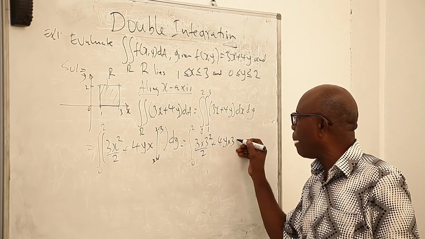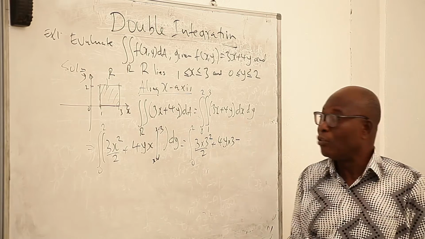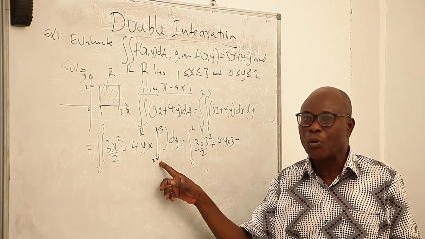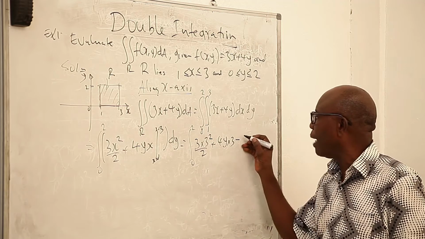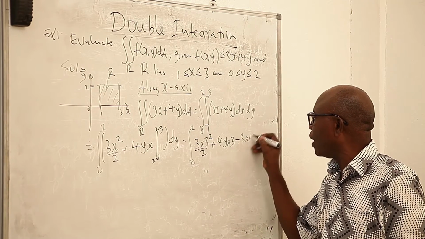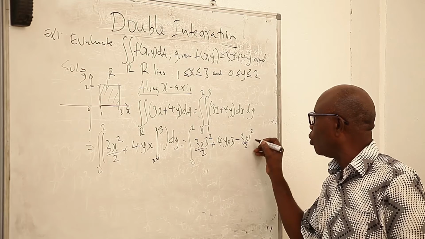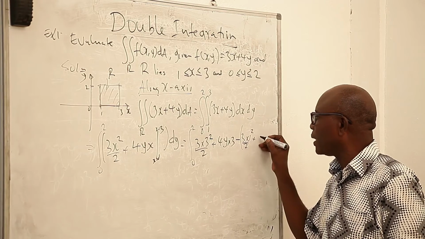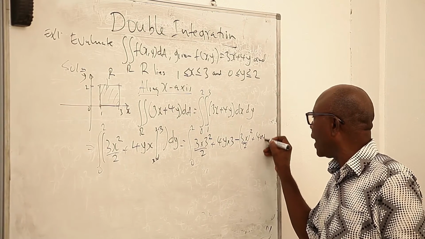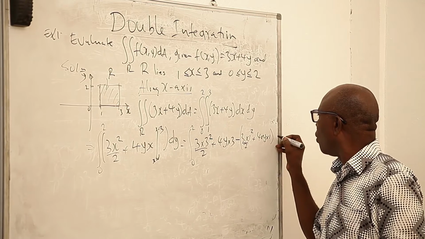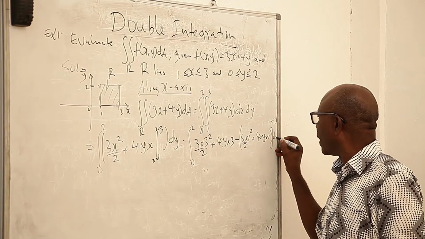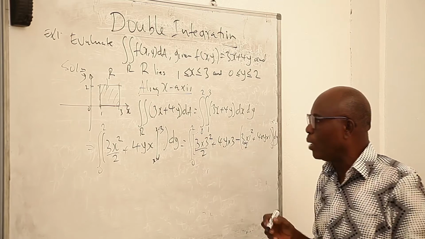That does it for the upper limit. Now we come to the lower limit where x equals 1. So we put 1 here. We're going to have 3 times 1 squared over 2 plus, in brackets, 4 times y times 1, dy.